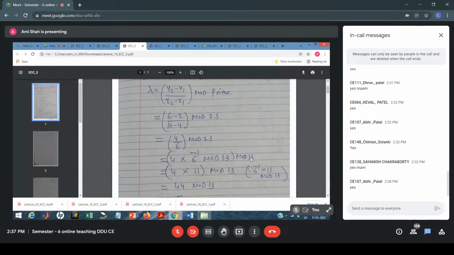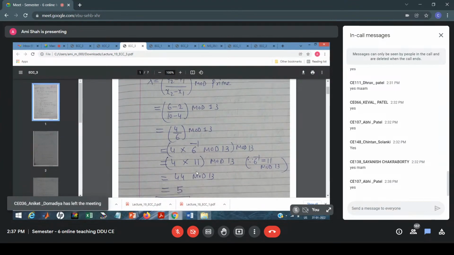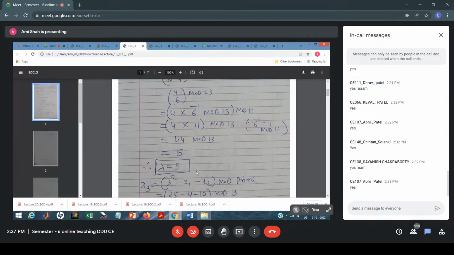Now I have to find the inverse with respect to mod 13, and all of you know the multiplicative inverse is found by using the extended Euclidean algorithm, right? When I calculate it, I get 6 inverse mod 13 as 11. So now I can say it is 44 mod 13. What I get is 5. So that is lambda.